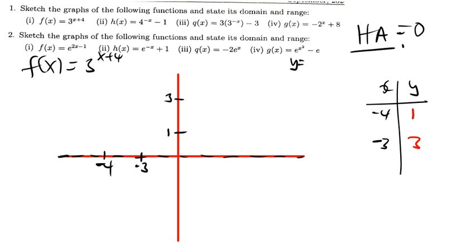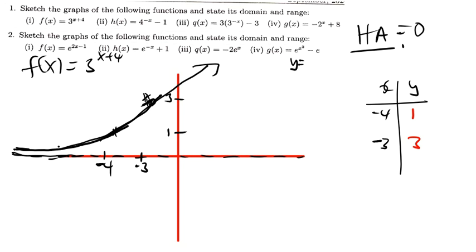Negative 4 comma 1 is here, then negative 3 comma 3 is there. What does it mean? This graph, starting from here, is not really touching the asymptote, just near the asymptote, touching those 2 points. So that's the graph. Now how do you find the domain and the range of the function?